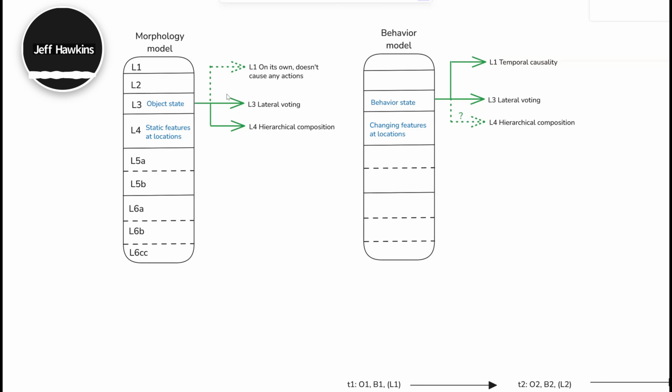I think what you're arguing is that this case here with the dotted line actually does work. Yeah, I'm trying to make it as general a mechanism as possible, avoiding saying morphology models don't have this output, but basically anything can have causal connections if that's what you're observing in the world.